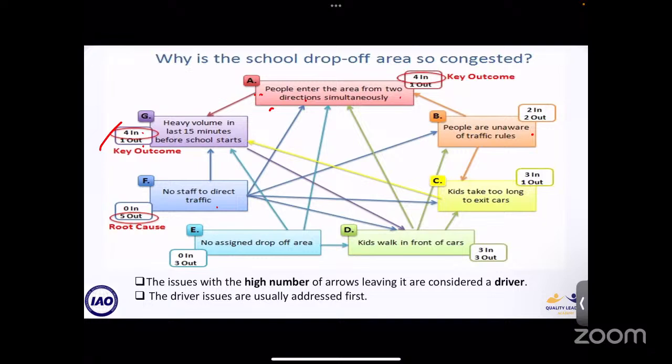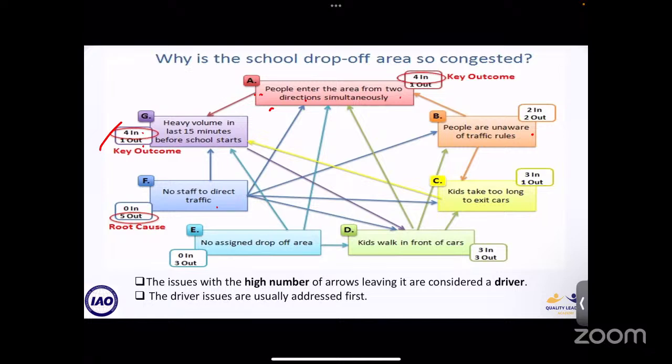And heavy volume in the last 15 minutes before school starts. So this is the meaning of 0 in and 5 out. It means this problem was not caused by anything else, but it has led to 5 other issues. This means it is the root cause, the main driver of all problems.